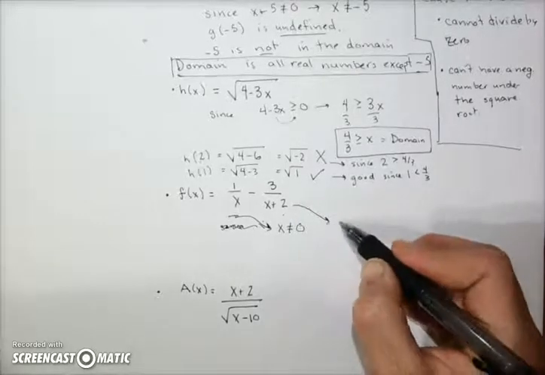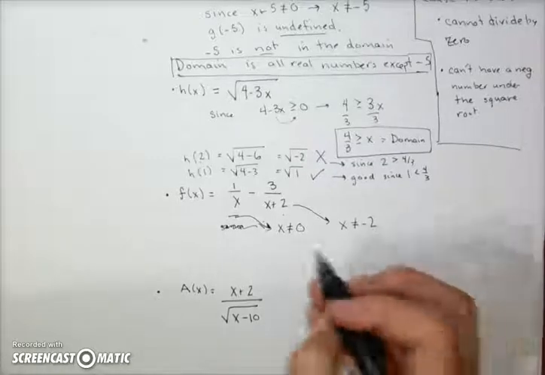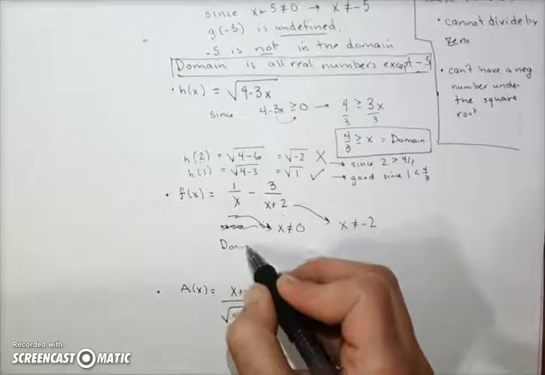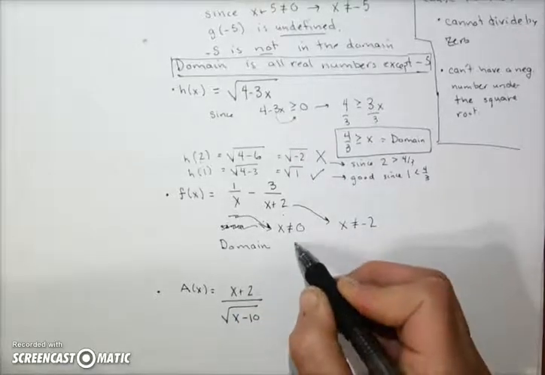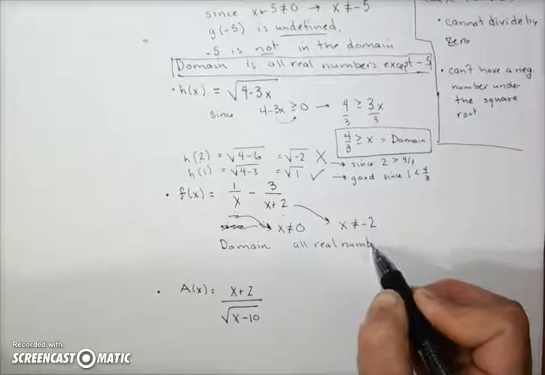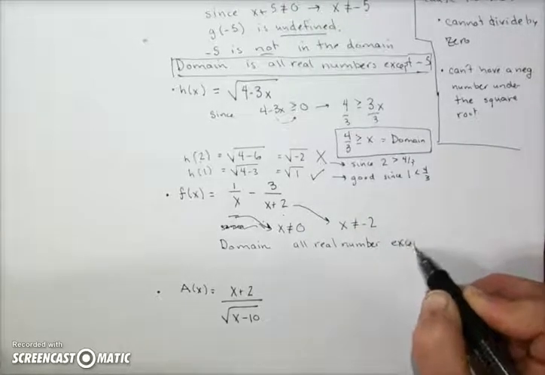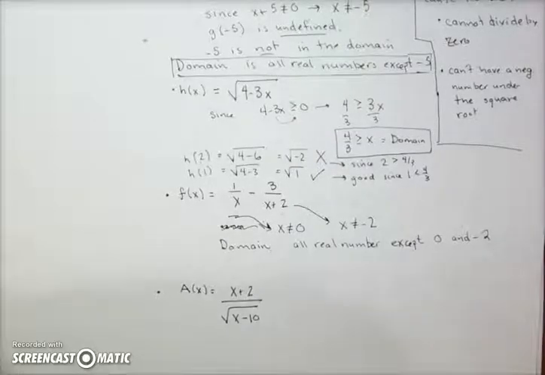The second one tells us that x cannot equal negative 2. So now when I write my domain, I just have to combine all of these. So it's all real numbers except 0 and negative 2.